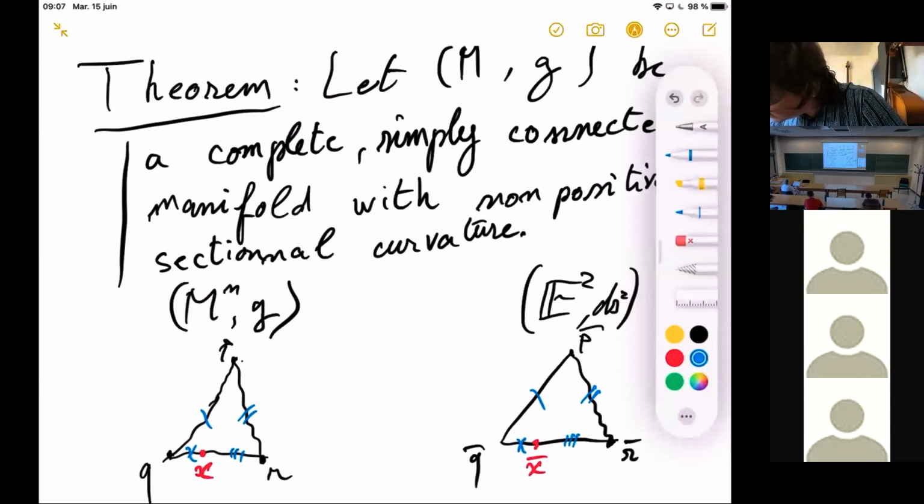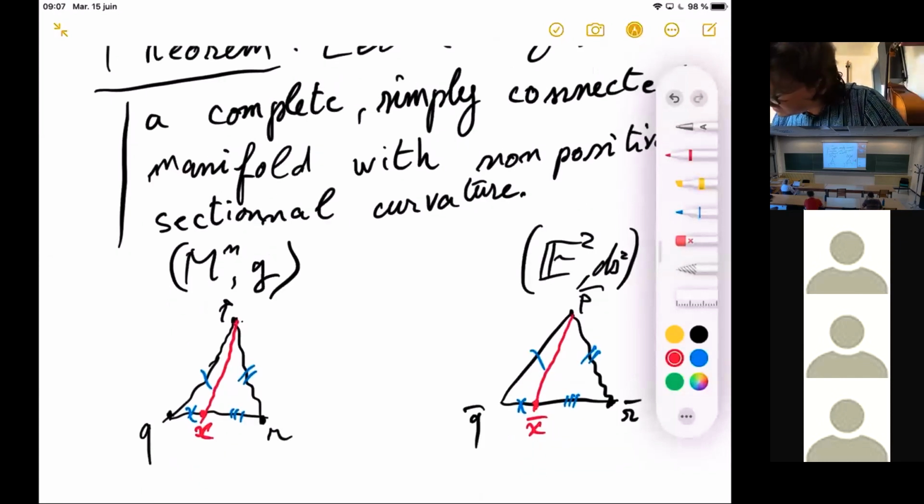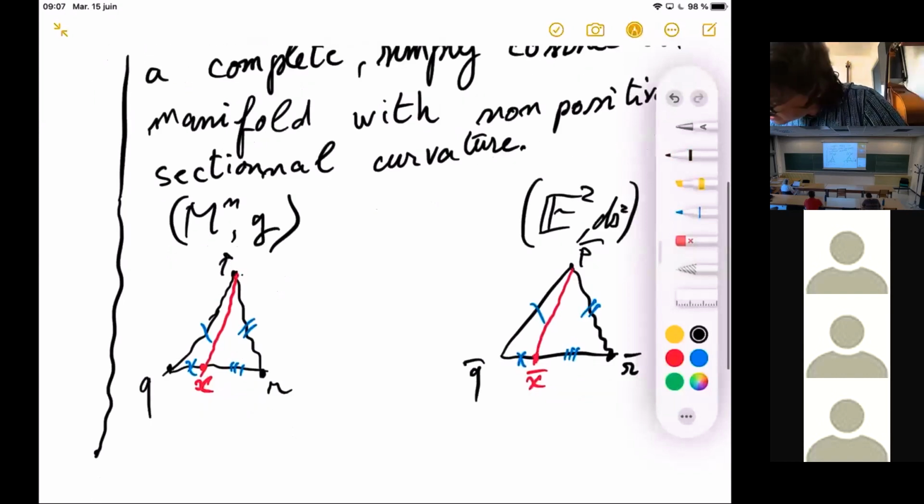Then let's consider this distance and this distance. What the theorem says is that in that setting, let's go with the distance in (M,g) first.